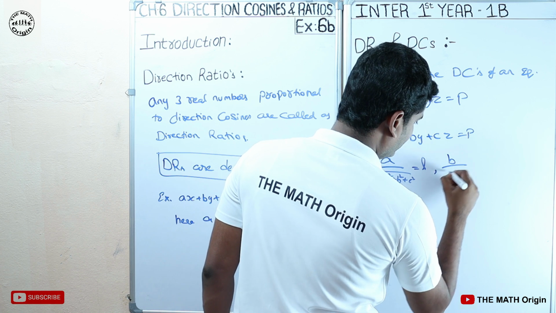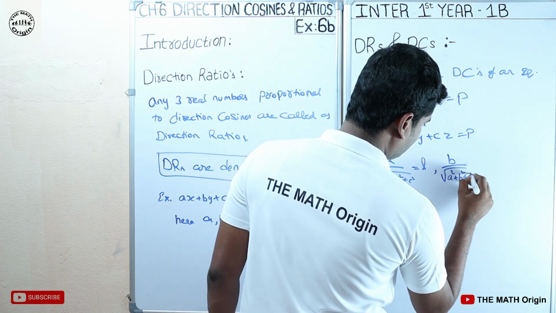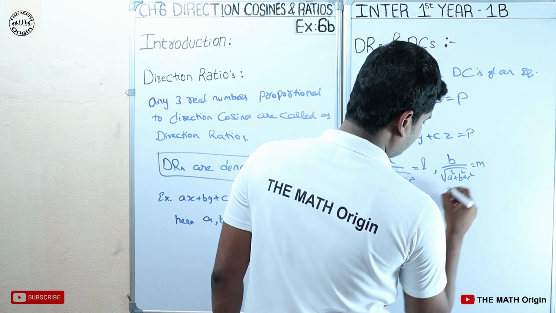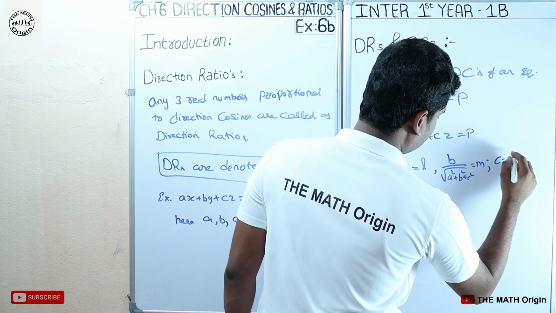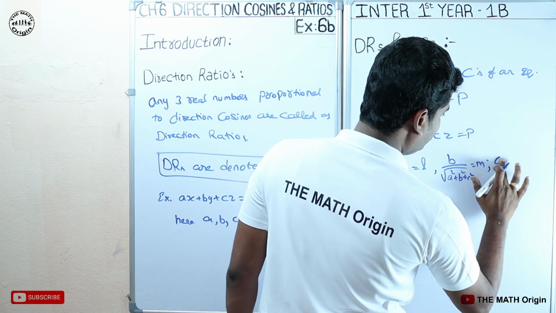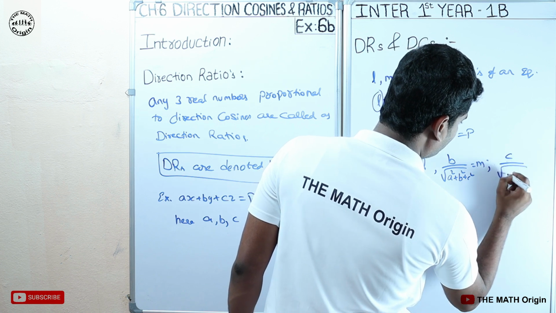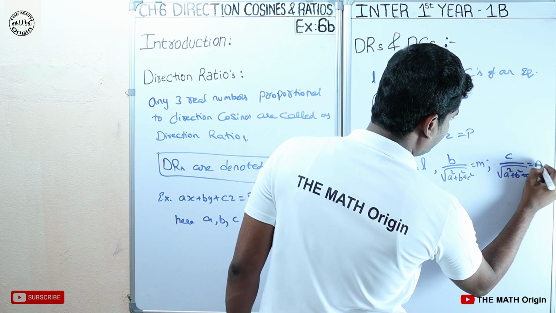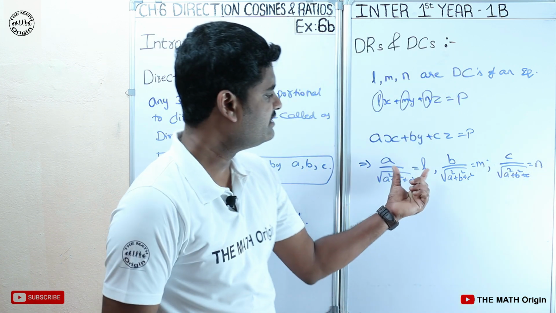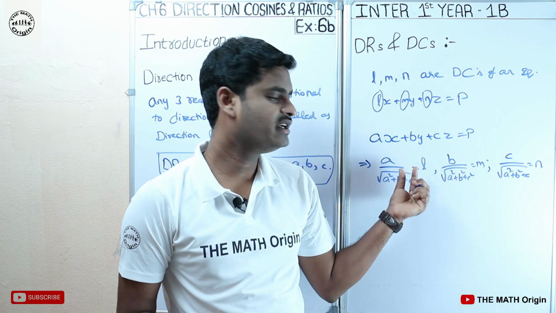In the same way b by root of a square plus b square plus c square equals m, and c by root of a square plus b square plus c square equals n. So this is the actual relation between the direction cosines and direction ratios.